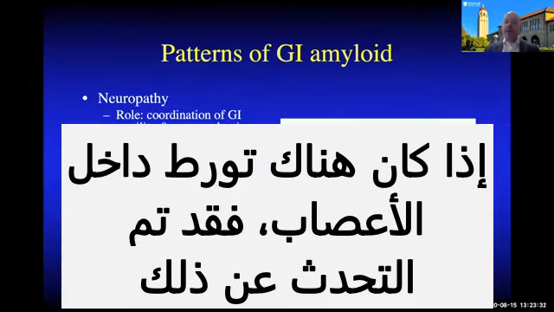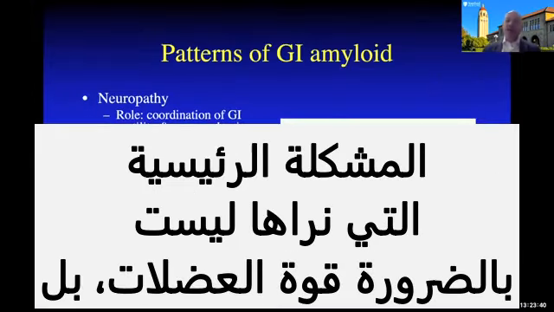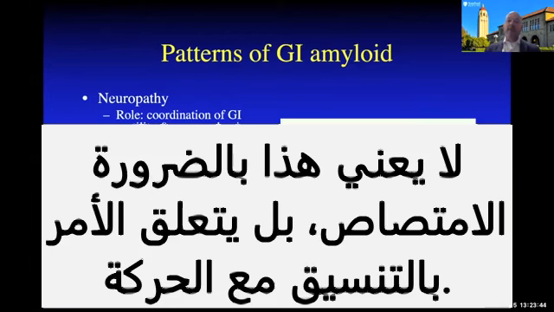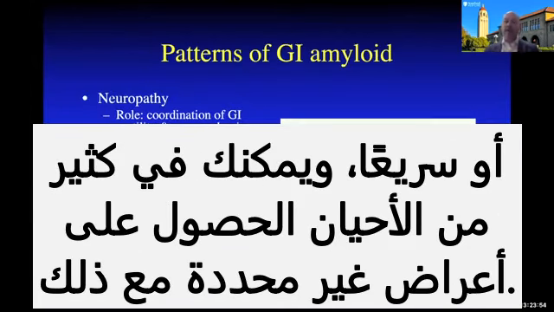If there's involvement within the nerves, that was talked about largely in the last talk, so I'll just duplicate a little bit here. The main issue that we see is not necessarily muscle strength, and it's not necessarily absorption, but it's more coordination with the motility. And so what we tend to see is dysmotility, where things can go slow or fast, and you can often get symptoms that are non-specific with that.